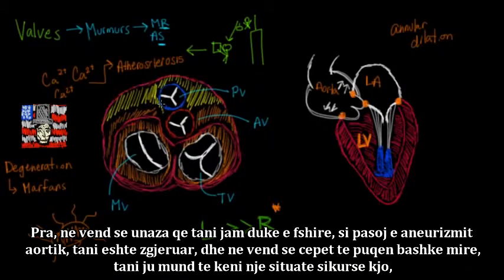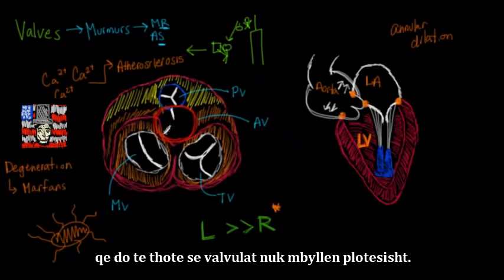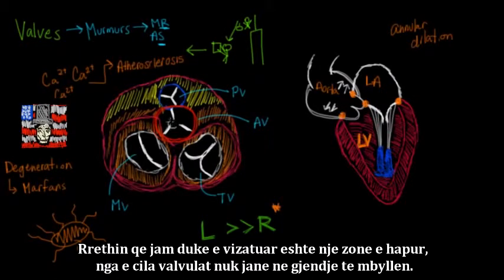Instead of the annulus that I'm erasing now, as a result of this aortic aneurysm, it's been dilated, and instead of the cusps coming together nicely, now maybe you have a situation like this, meaning that the valve does not close fully. That circle that I'm drawing is the open area from the valve not being able to close.